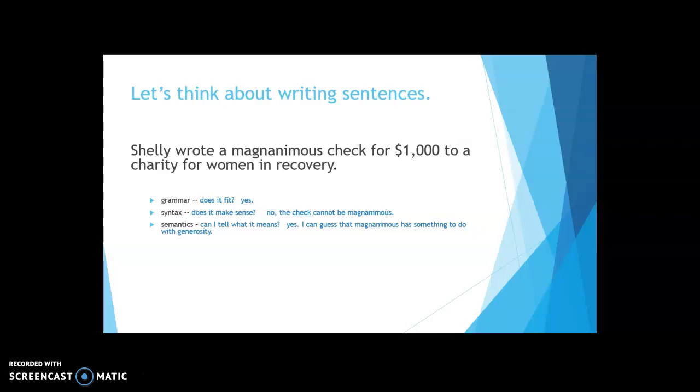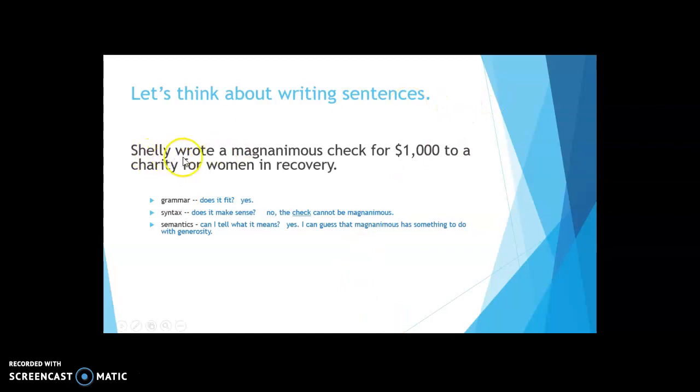And so if I wrote a sentence that says, Shelley wrote a magnanimous check for $1,000 to a charity for women in recovery, I might find that writing that check is a very generous act, and it might help me to understand that it has something to do with generosity. And so my sentence, of course, has good grammar.